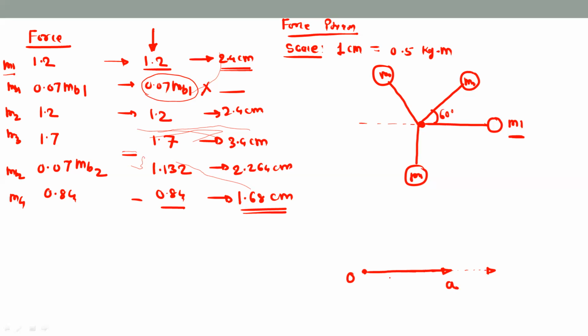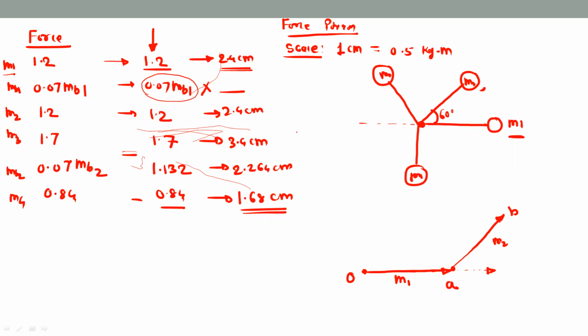So this is vector OA, for M1, which is 2.4 centimeter. Next is M2. Draw the vector parallel to M2 from the first vector. Again, it is the same 2.4 centimeter. This is M2 and the vector is AB.